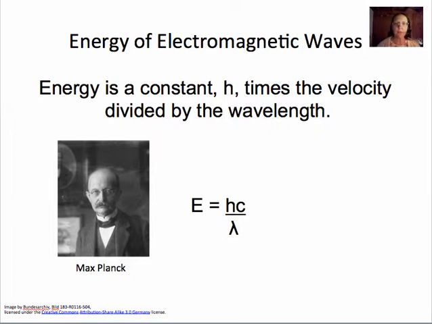Energy equals a proportionality constant times the velocity, in this case c, divided by the wavelength, or E equals a constant times c over lambda. That constant is called Planck's constant, and its symbol is h. So, E equals hc over lambda. This means that as the wavelength increases, energy decreases.